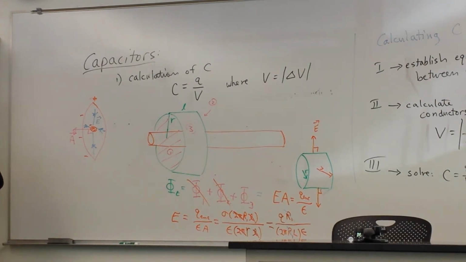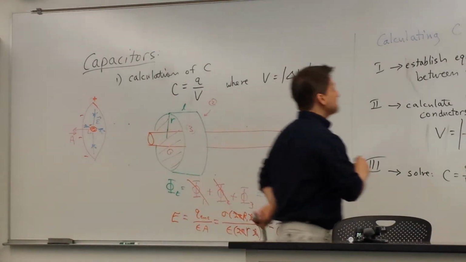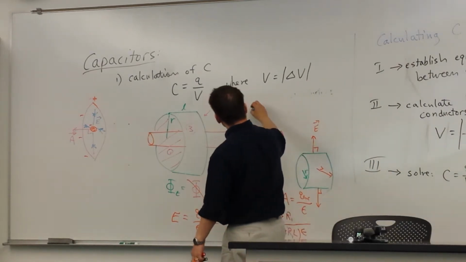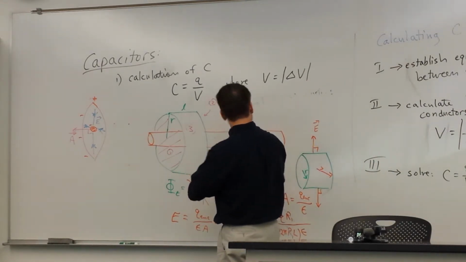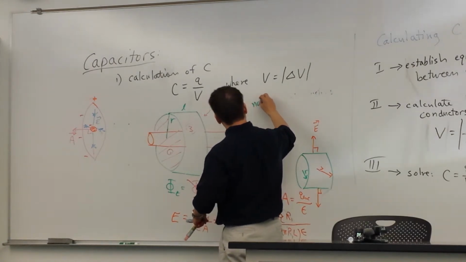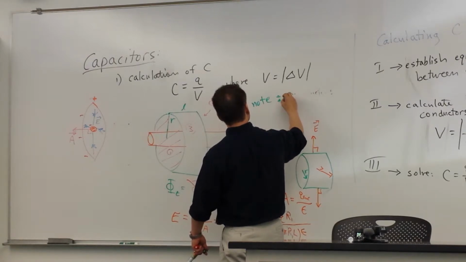Maybe it'd be easier to see if we knew that the surface charge density equals Q over 2 pi big R1. Where it says Q total over area, up top right, I make the substitution down here.